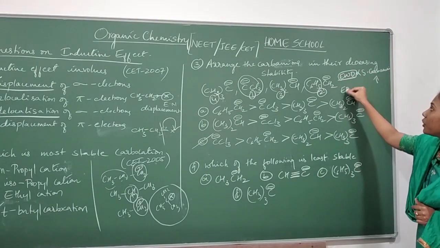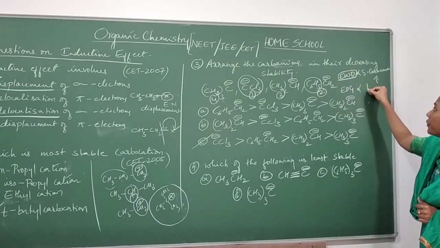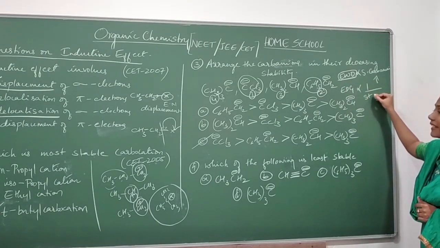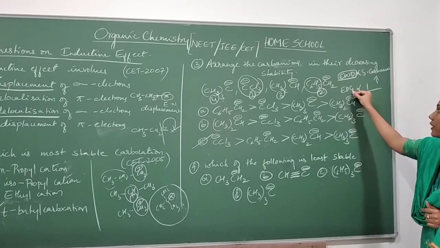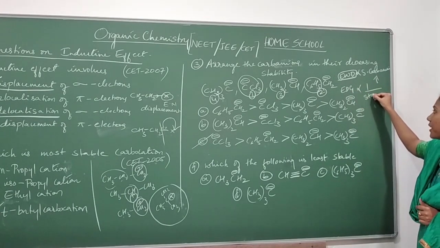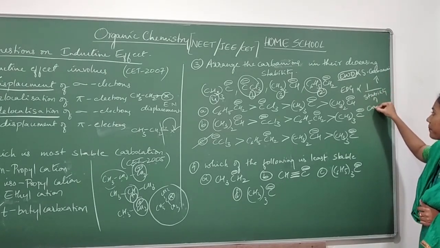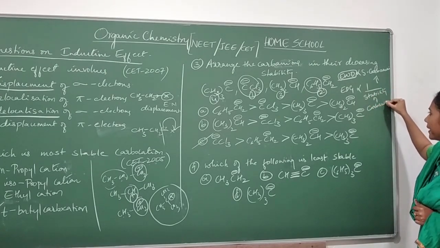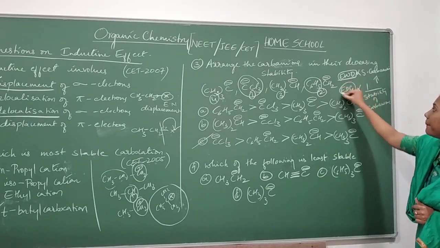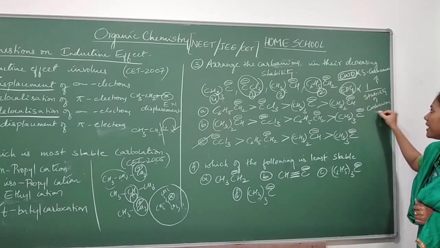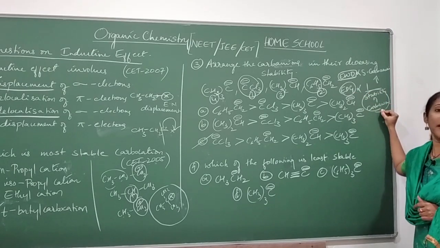When you have electron donating groups, stability of carbanion decreases. Electron donating groups are inversely proportional to stability of carbanions. More the number of electron donating groups, lesser will be the stability of carbanion.